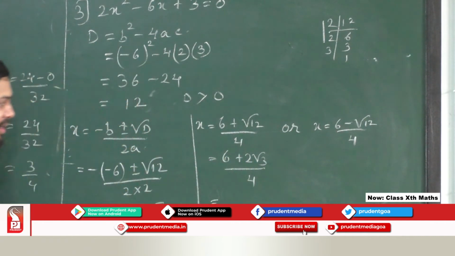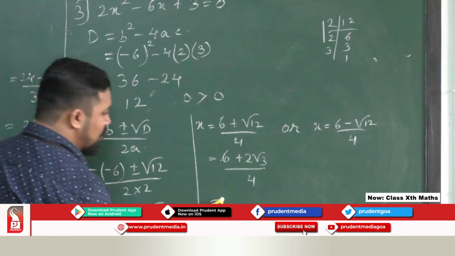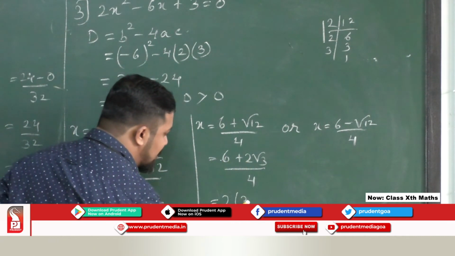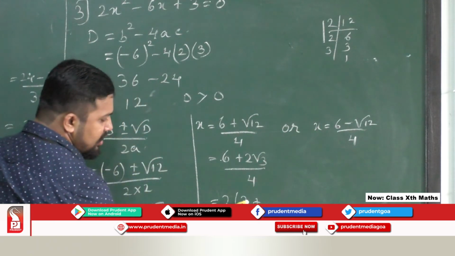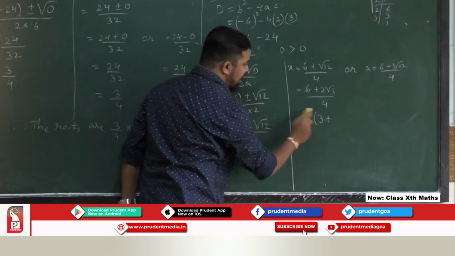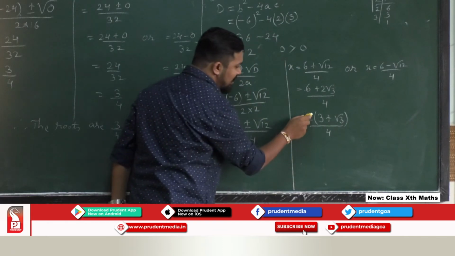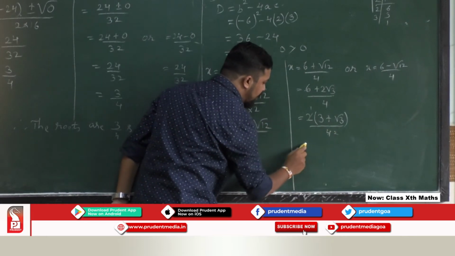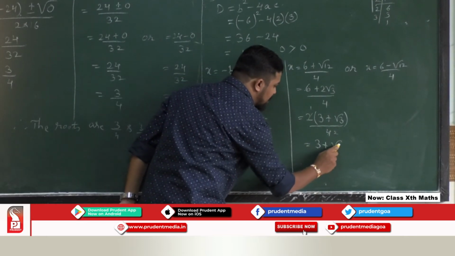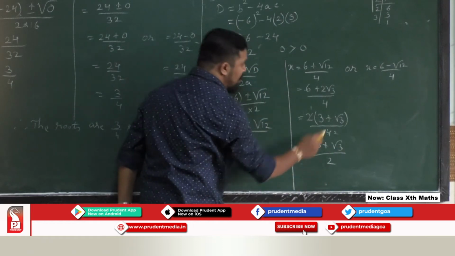Now you can find the common factor. What is common between 6 and 2? 2 is common. So 3, 2 3s are 6, 2 is already removed, so root 3 upon 4. Now cancel. 2 1s are 2, 2 2s are 4. So 3 plus root 3 upon 2.